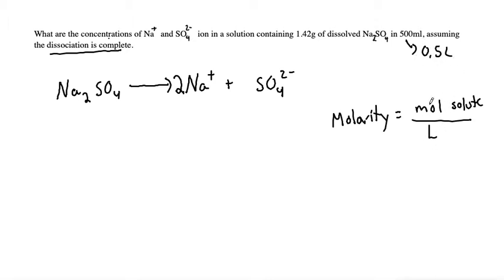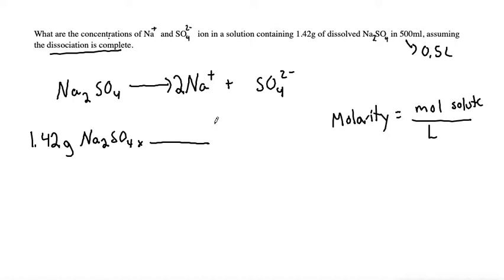of each one. But in order to find the moles of the solute, let's start with the grams of the total compound. So let's start with the 1.42 grams of the Na2SO4. And we'll need to convert to moles. And to do that, we need the molar mass.